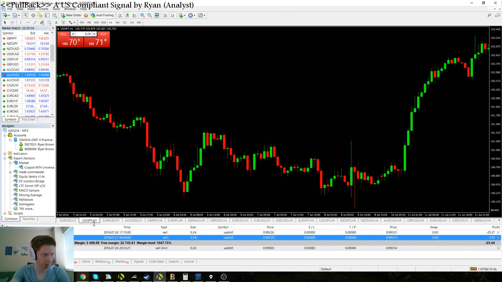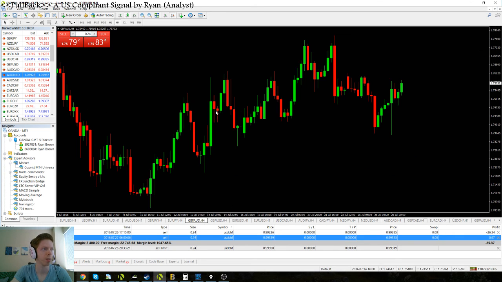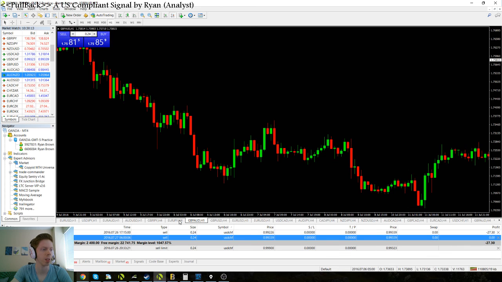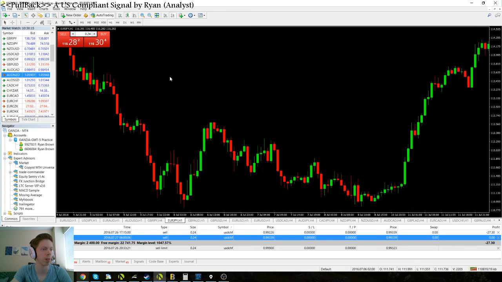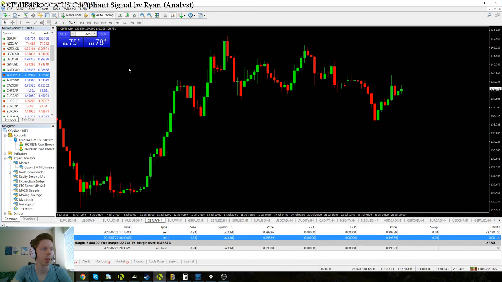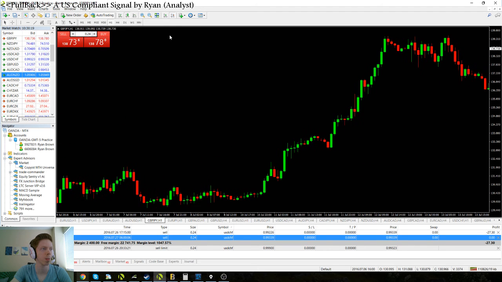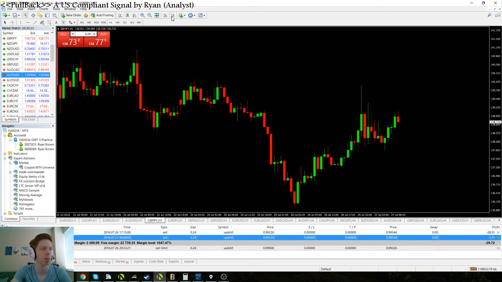Those are my 8 main pairs that I trade. And I usually will be looking for positions on the 1 hour. If I don't see anything on the 1 hour, I will look to the 4 hour. And I'm starting to lean more towards taking positions straight on the 4 hour chart. But they're equally as good on both, with potentially more accuracy even on the 4 hour.